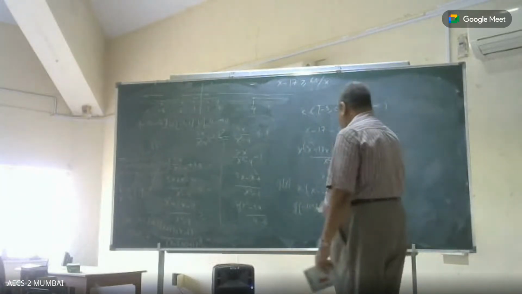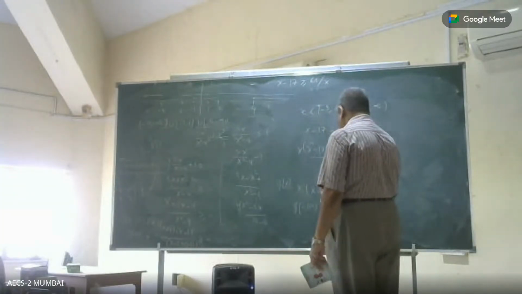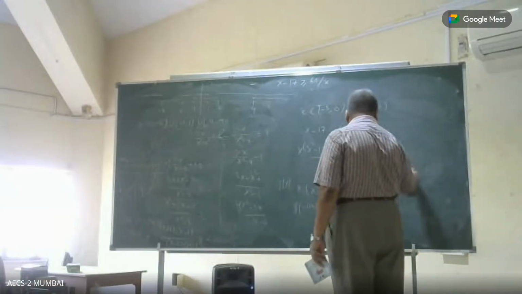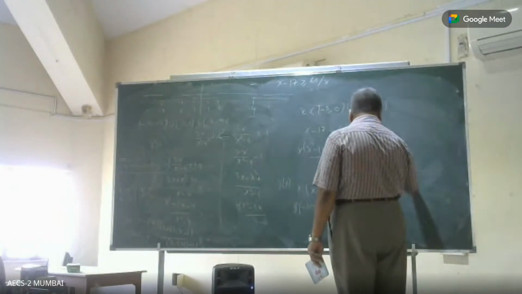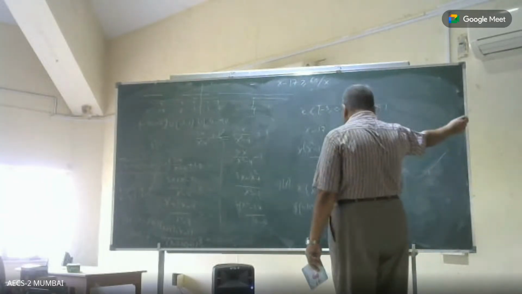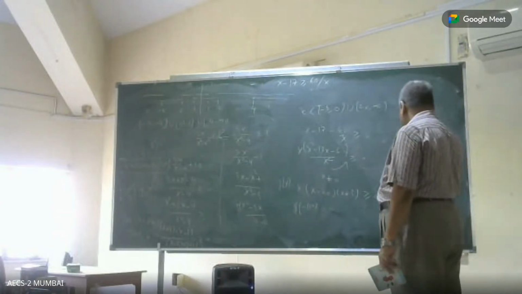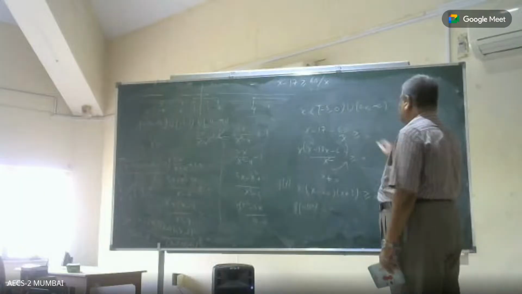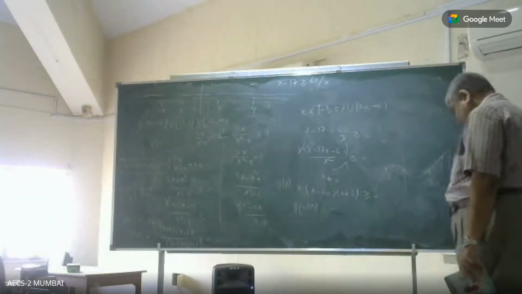So g of a large negative number will be minus. So we will start from the minus quadrant. What are the nodes? Nodes are minus 3, 0 and 20. So it will start from here. And where is it positive? Here and here. This is how we got it. So minus 3 can be included, 20 can be included.